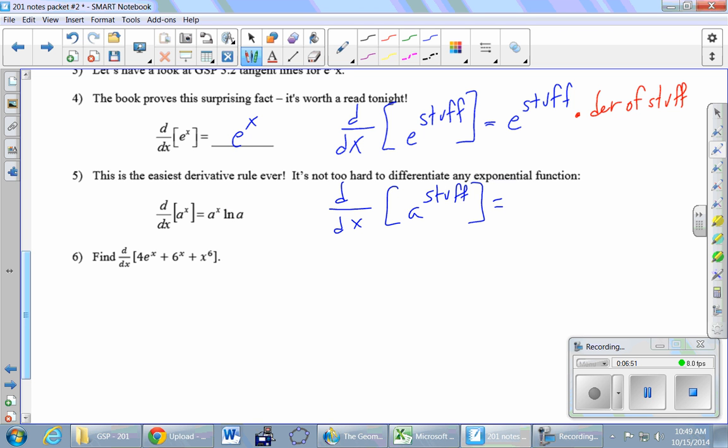So what's the normal rule say here? Times ln of a. That's the normal rule, right? You just got to stick on that ln of a anytime it's an a. But then the chain rule comes in and says, hey, also what? Multiply by derivative of the stuff.